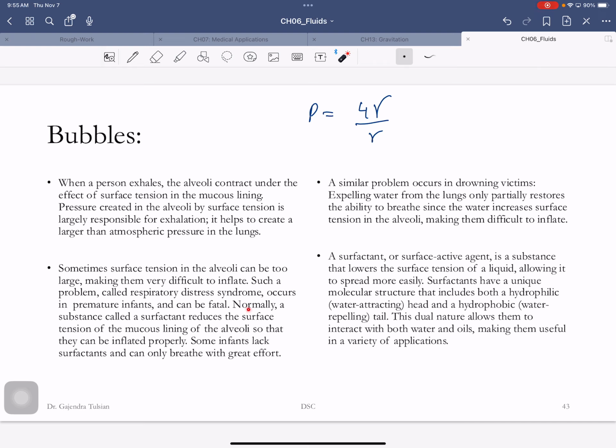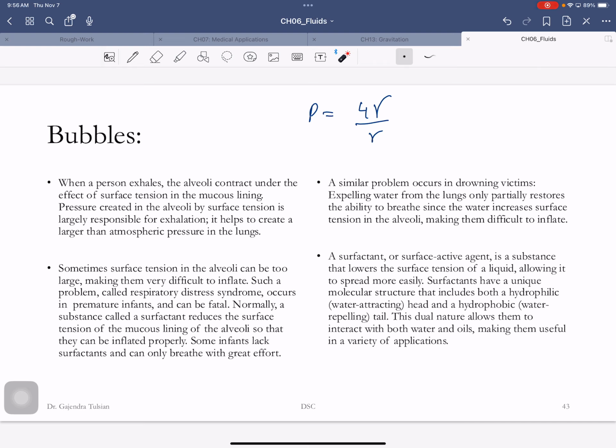Normally, a substance called a surfactant reduces the surface tension of the mucous lining of the alveoli, so they can be inflated properly. Some infants lack surfactants and only can breathe with very great effort. So when they don't have that surfactant, then they have to be on a breathing machine which is pushing air.